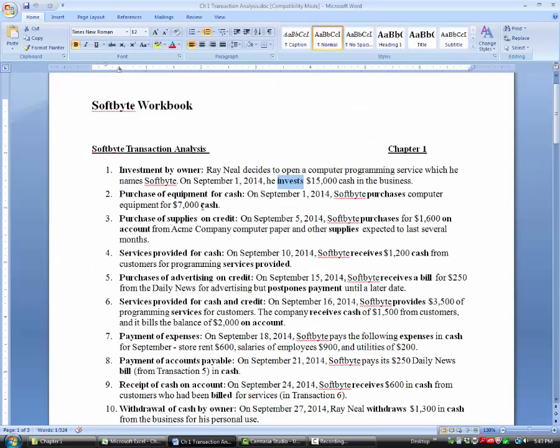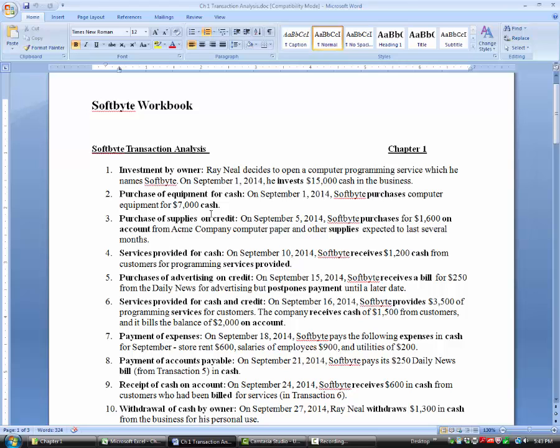Moving along to the second transaction, we see that we have the purchase of equipment for cash. So on September 1st, 2014, Softbyte purchases computer equipment for $7,000 cash. So there are some key words here: purchases equipment for cash. So again, picture yourself at the company as the accountant. You are seeing those Best Buy boxes coming in with all the computers.